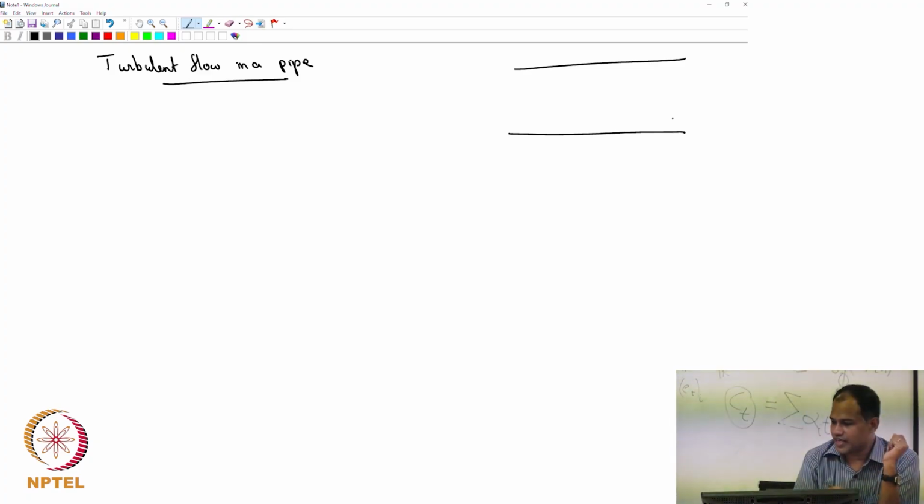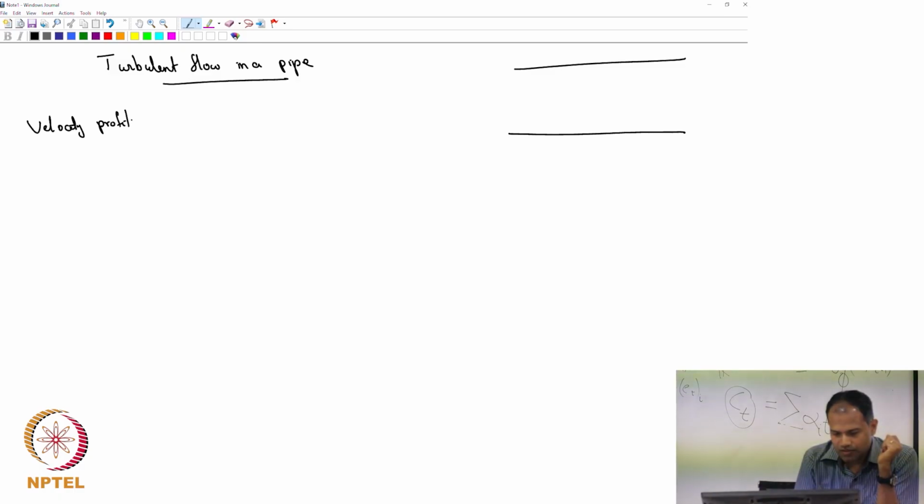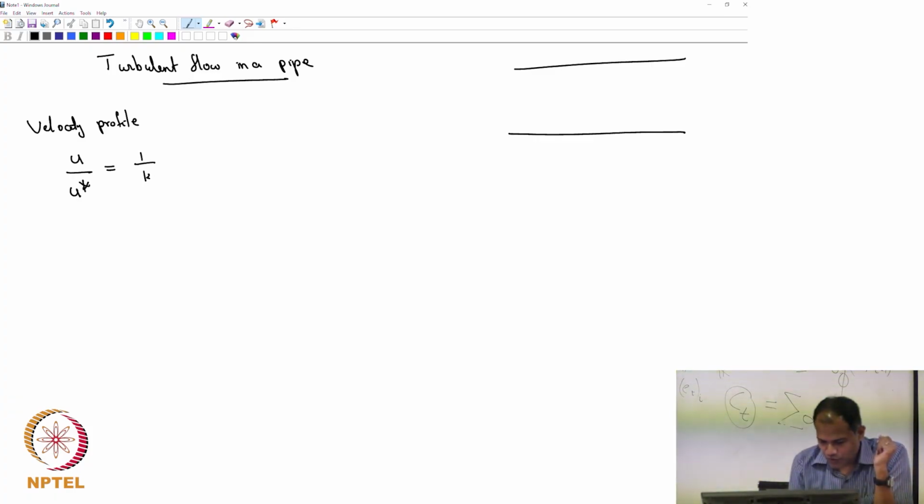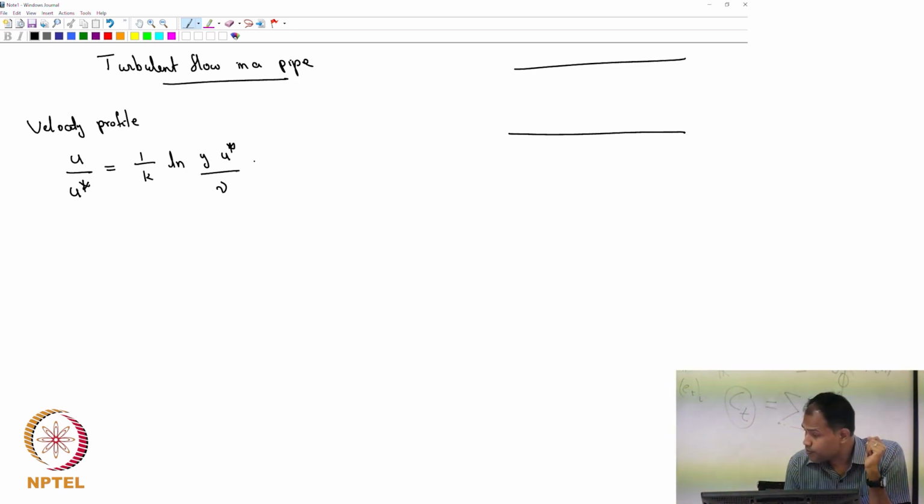In other words, the velocity profile will now be given by u star is equal to 1 over k ln of y u star by nu, plus b. So this is the logarithmic law that we wrote down.